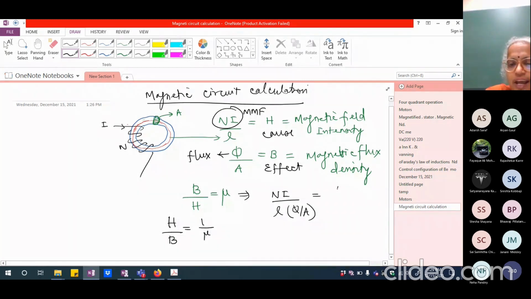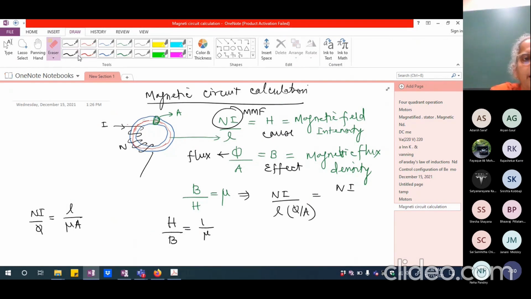A will go up, so I should be able to write Ni by phi equal to L divided by mu A.